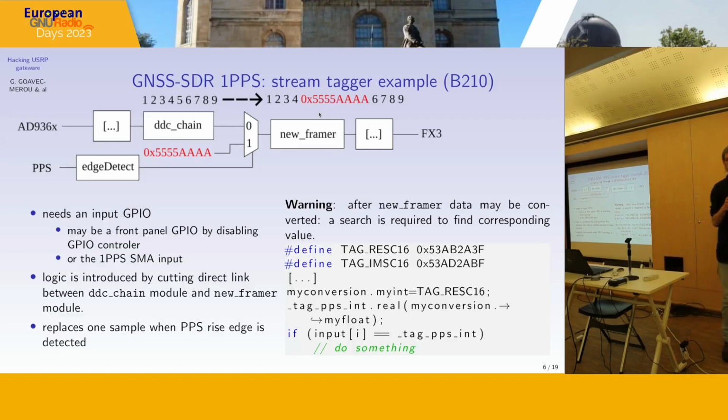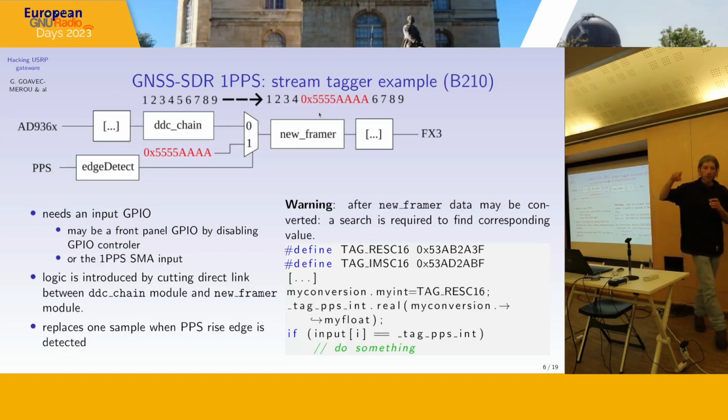It's required to take into account the length, the RF front-end time to convert, and previous blocks in the chain. The new framer block is not the last one in the chain, so the sample must also be modified, and consequently it's required first to know I have this tag.